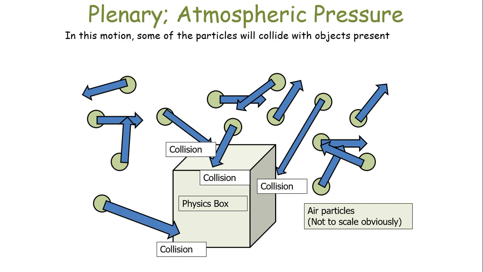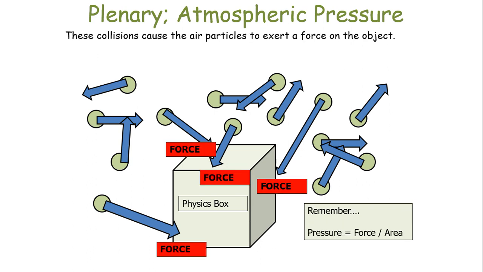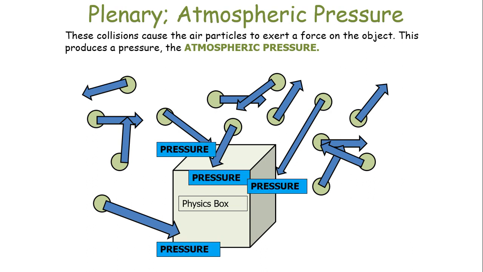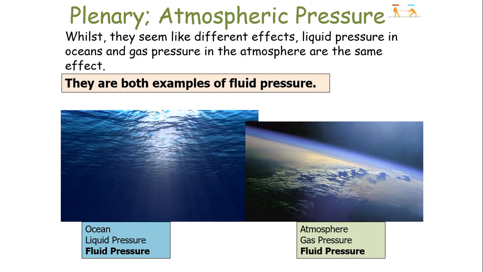In this motion, some of the particles will collide with the objects present in it, so this will produce a force, and because, as we know, pressure equals force over area, this will produce a pressure which we call the atmospheric pressure.